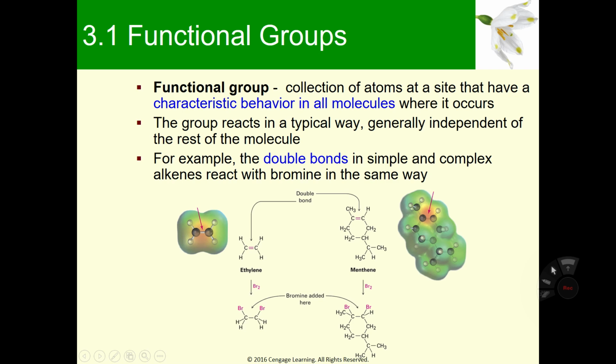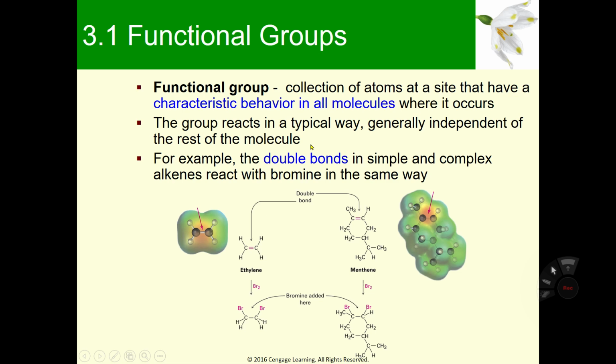We'll just briefly explain what the functional group of organic compound is. Let's just take an example of the functional group double bonds. Functional group is defined as atomic groups which have the characteristic behavior in all molecules.